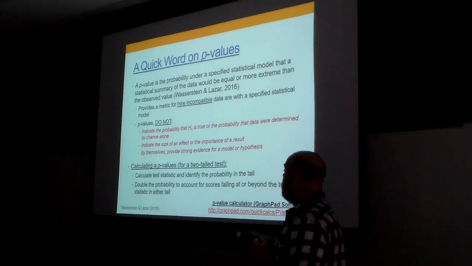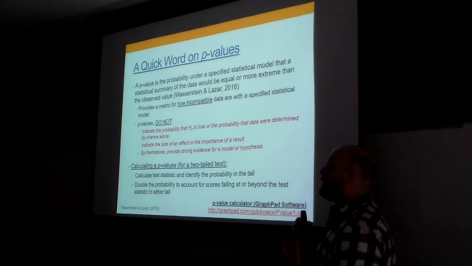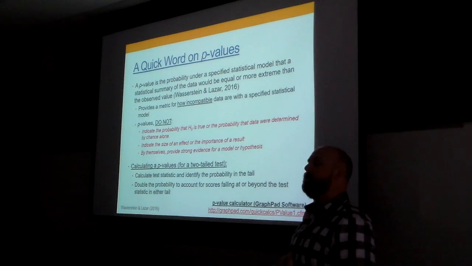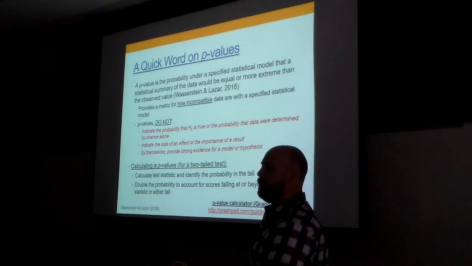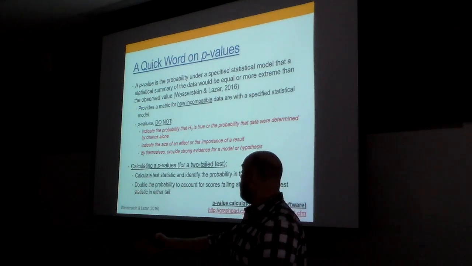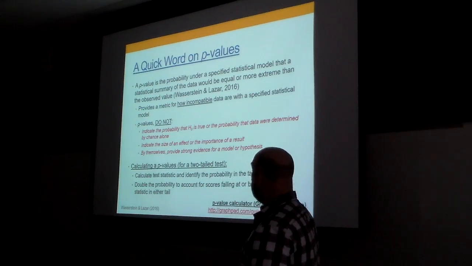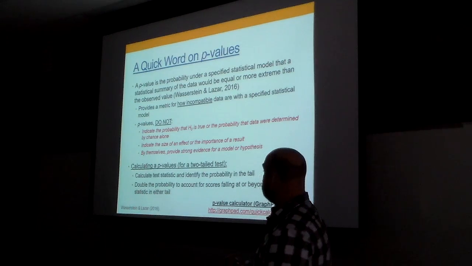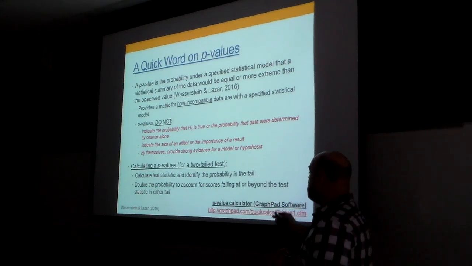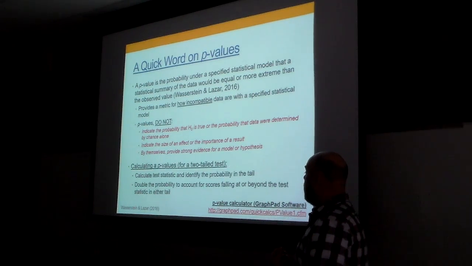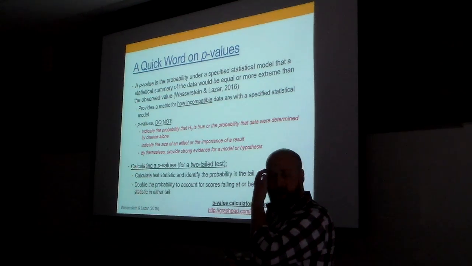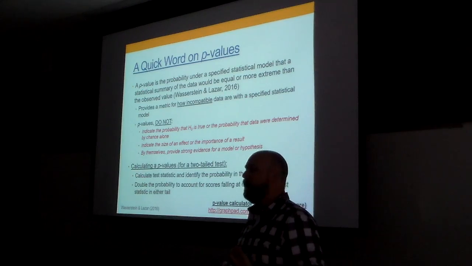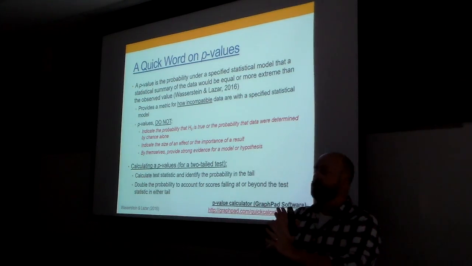So it starts to get at how incompatible the data you've got are with the null model, right? But it doesn't tell us the truth of the null hypothesis. It doesn't indicate an effect size, and it doesn't alone give us strong evidence for much of anything outside of assuming that the null hypothesis is true.